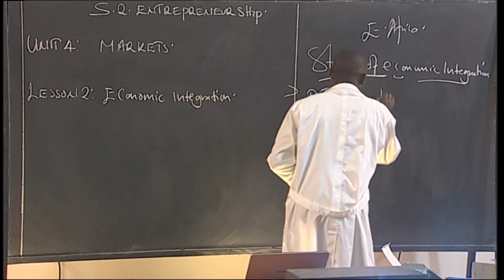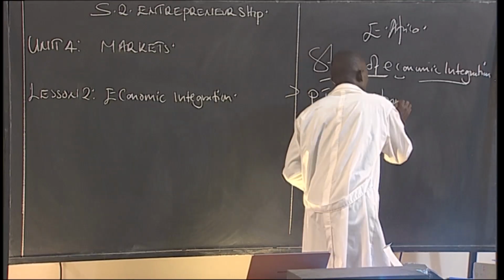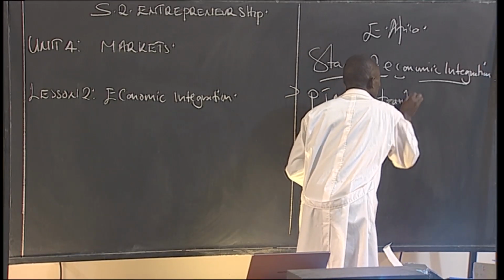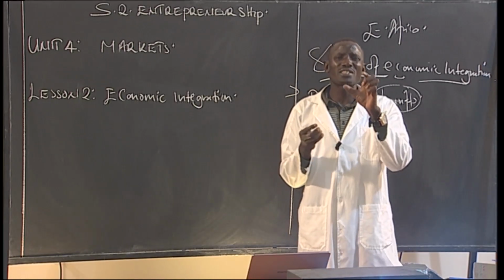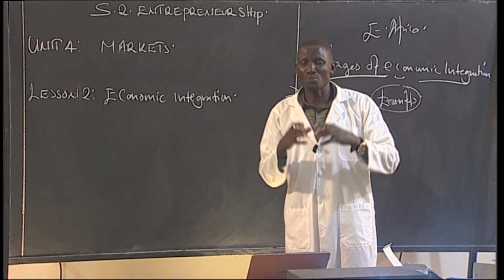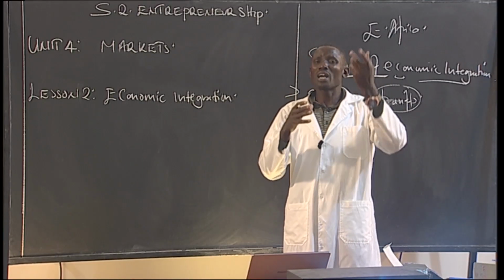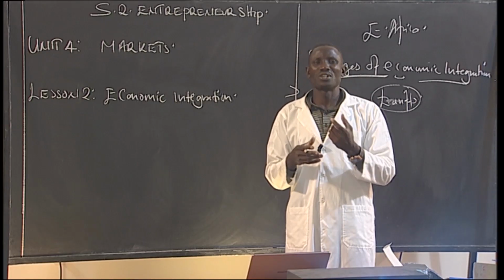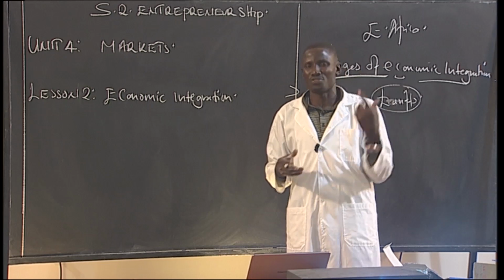When we talk of these tariffs, these are taxes. Countries which are to combine with one another agree that we are going to reduce taxes on goods coming from Tanzania, as we are in East Africa.